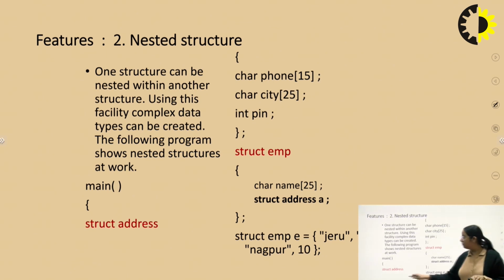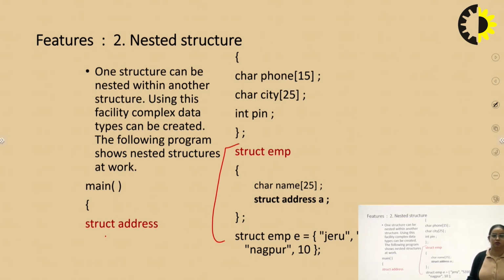Like we have a struct address. This is one structure we are declaring, and in this address structure we are again defining one more structure, that is struct employee. This is the nesting of structure. This is one more feature of your structure.